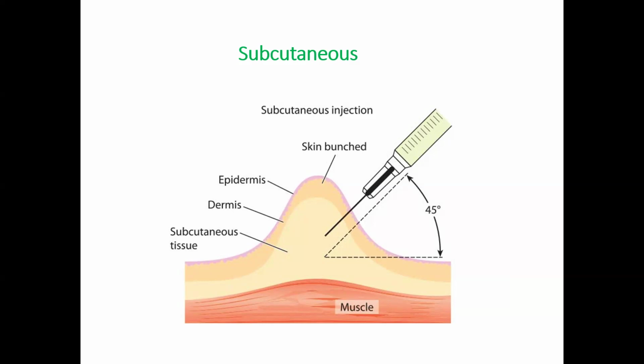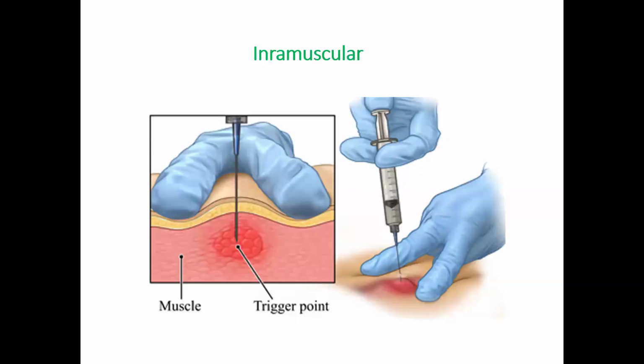If you want to, you can try to practice some of these in your clinic. But I'm telling you, from my experience, just use a regular half an inch insulin needle, 30 gauge, and do your job with it in the subcutaneous area. Of course, with the intramuscular, sometimes you need to do that. Okay, you're gonna need a longer needle to break down this muscle spasm and ischemia that develops from a trigger point.